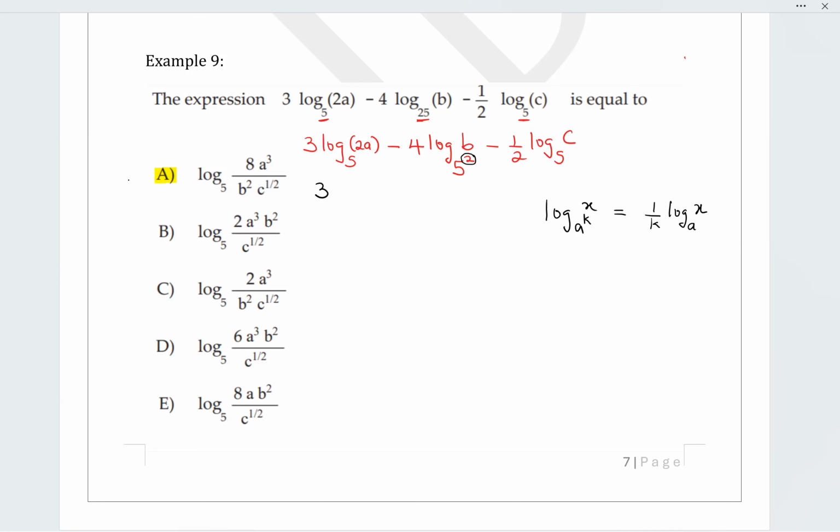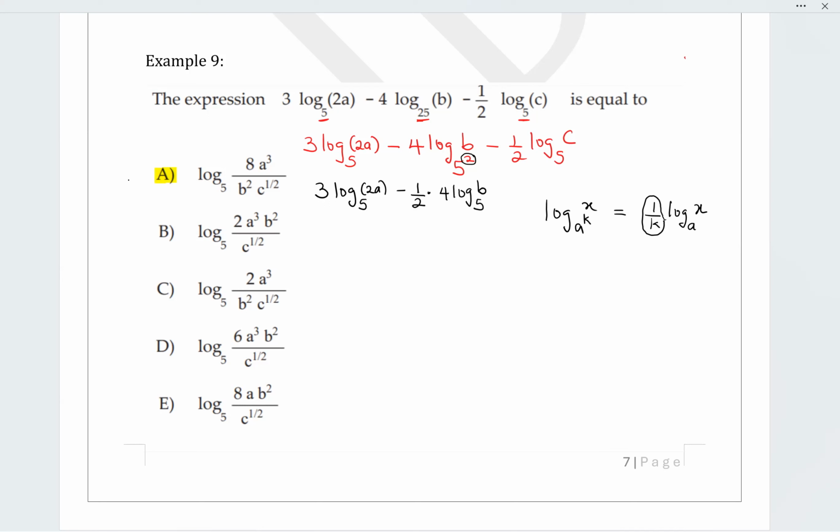This is still 3 log of 5 to a minus. But what is k? K is 2. So in the front of your log, you should have 1 over k. So this is going to be 1 over 2, then times 4 log 5 of b.